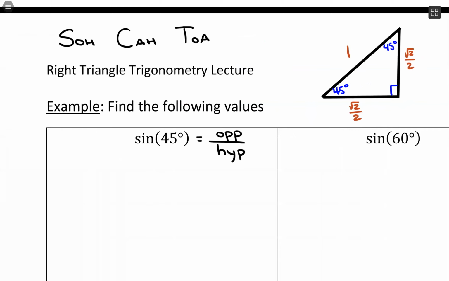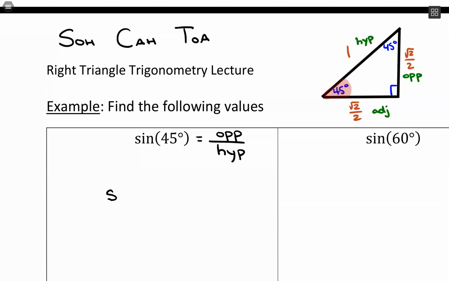So sine of 45 degrees, with the 45, 45, 90, it doesn't matter which angle you're standing at because it's the same. So opposite and adjacent. Let's imagine we're right down here, which would mean we'd have opposite, adjacent, hypotenuse.